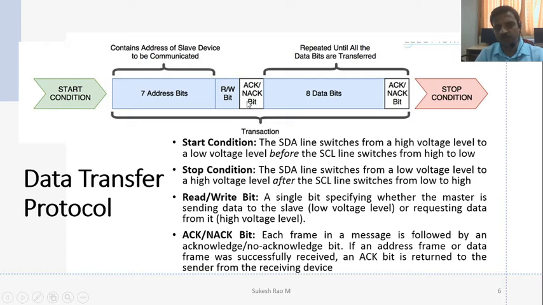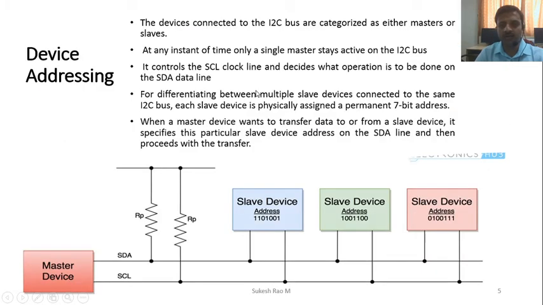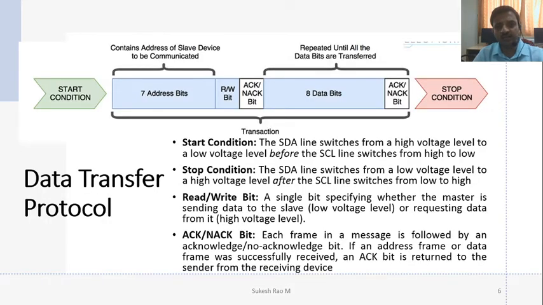This is the response of the slave device, giving an acknowledgement bit saying that the device is present and ready to do the operation. That is given as another bit in the timing diagram, and in the timing sequence this also comes from the slave, indicating that the device is ready.